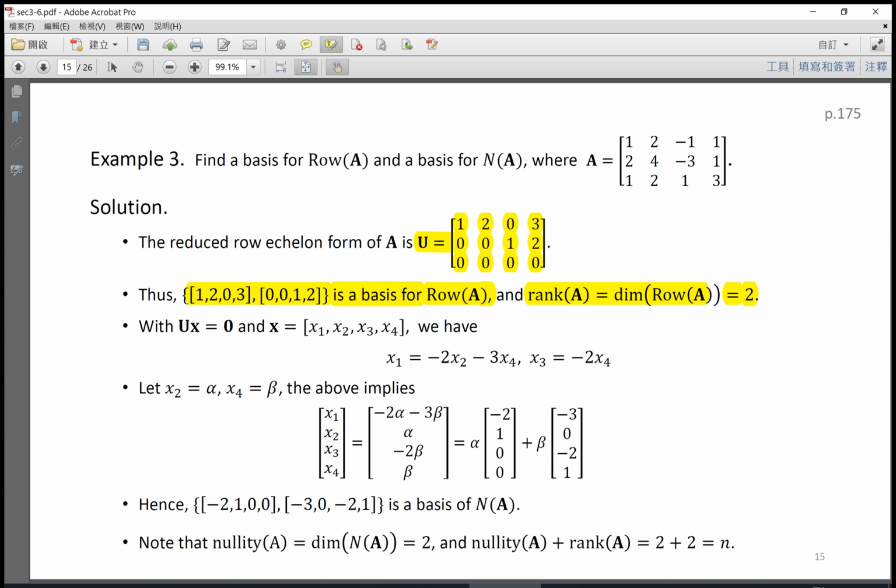The number 2 is also the number of non-zero rows in the reduced row echelon form U.